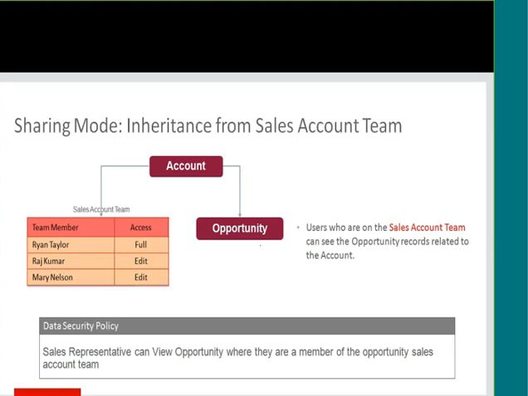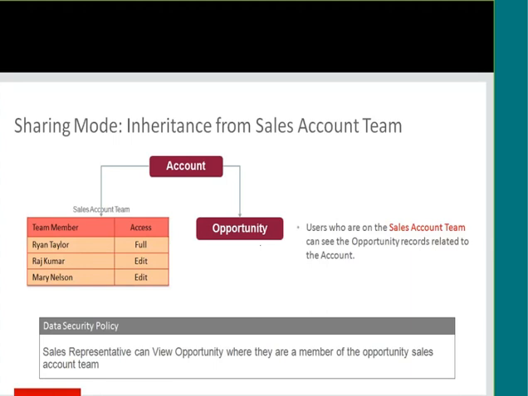Here the account team has Raj and Mary. One has full, a couple of them have edit access because Ryan is the account owner. Similarly, this visibility is inherited into the opportunity as well. So users who are on the sales account team can see the opportunity records related to that specific account.